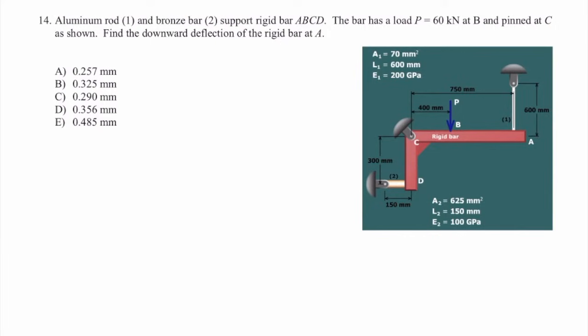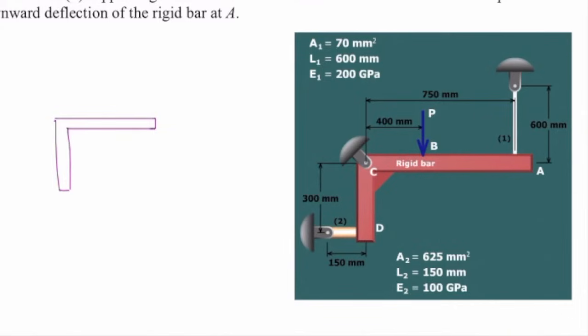So to solve this problem, I need to start from free body diagram. I'm gonna draw the free body here. There will be 2 reaction forces over here, which I will ignore because they don't play any role in my calculation. And I will ignore 2 associated equilibrium equations. I'm gonna put 2 unknown forces in rod 1 and 2.